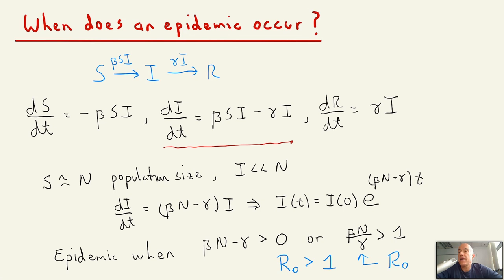Okay, you might have heard that on the news. The basic reproductive ratio, that's what it's called. So when does an epidemic occur? It's when the basic reproductive ratio is greater than 1.